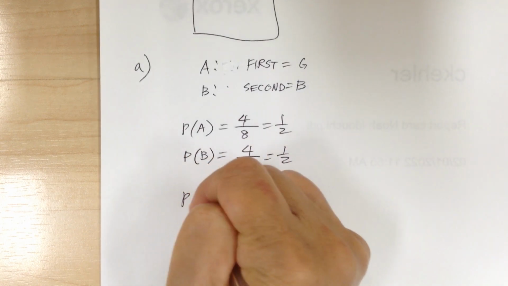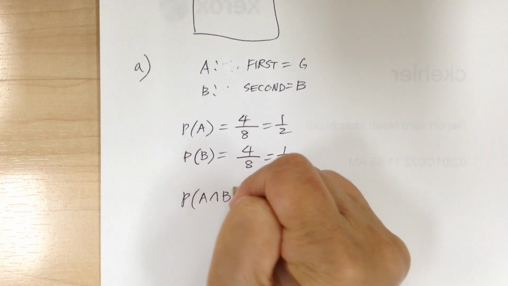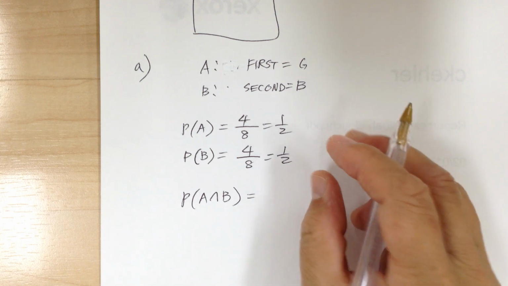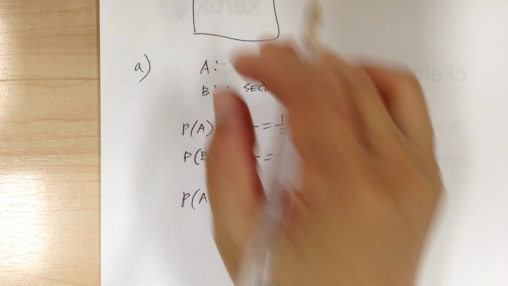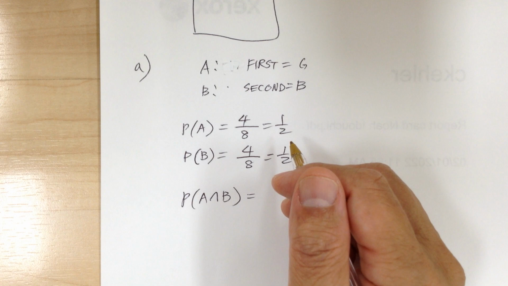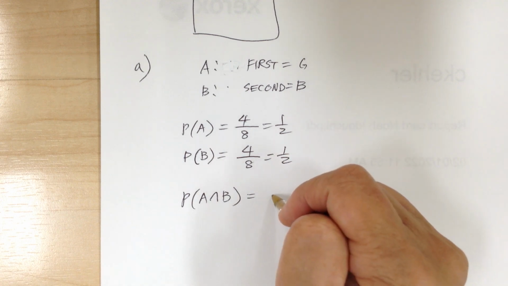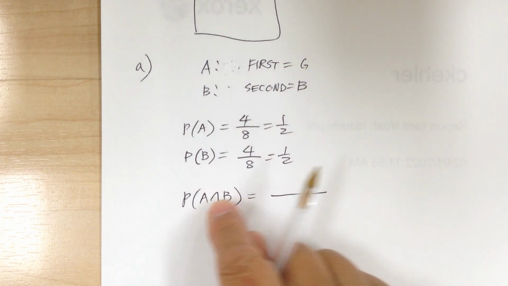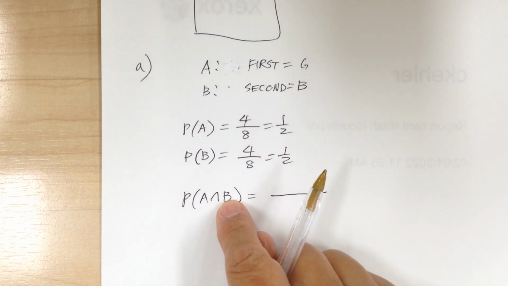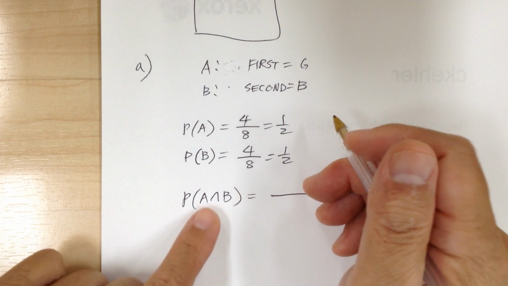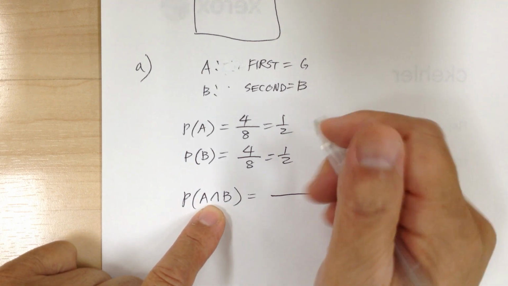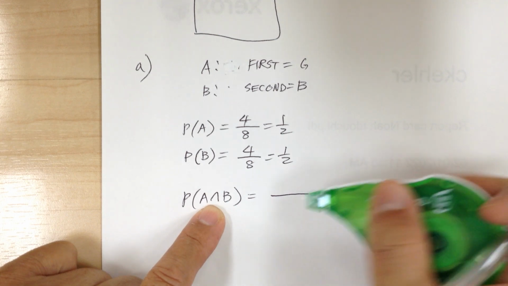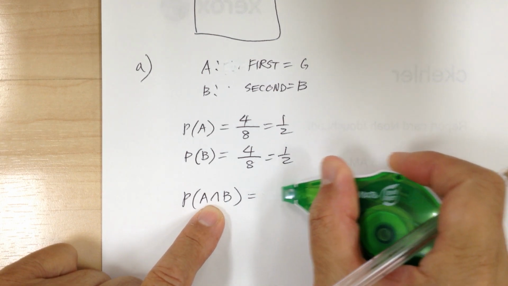Now A intersect B. When you put it back, it does not affect anything. So A intersect B means you want the first to be green and the second one to be blue. In the book, since you're getting one at a time, you can just use fractions. In the book they use combination.